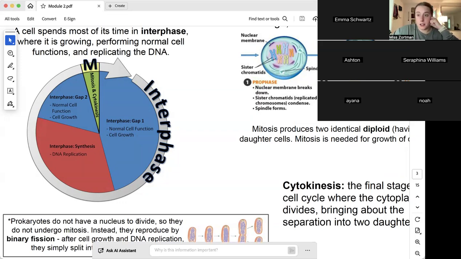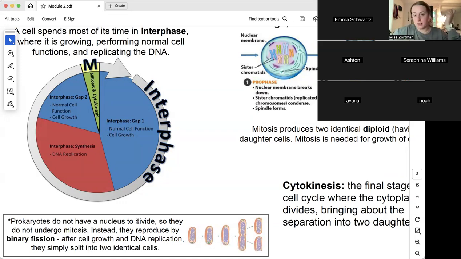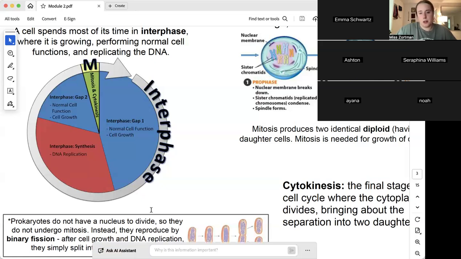This again is called binary fission. I always say binary starts with a B, bacteria starts with a B, so that's who does binary fission. This is also just another word for the type of asexual reproduction that they are doing, where again, they just clone themselves practically. So, asexual reproduction for prokaryotes.